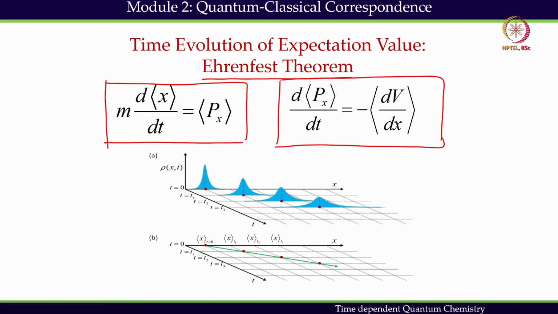Based on Ehrenfest theorem, in the example which we have shown before, the dynamics of the particle, the probability distribution is changing as a function of time because the particle is moving. In this 3D plot we are showing the change, and if we take the expectation value at each time, then I get a single point in the position space, and if I plot those points and connect them, I get the trajectory.